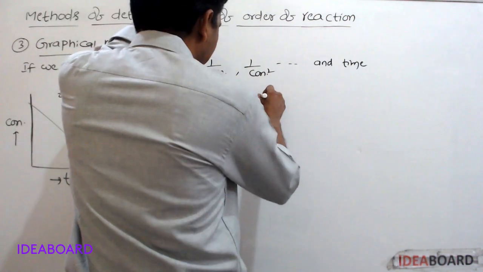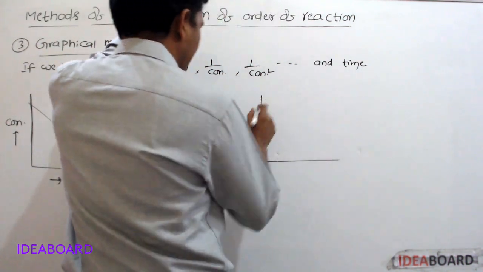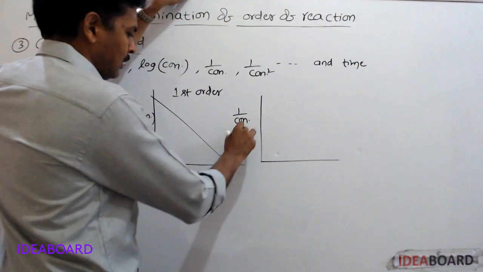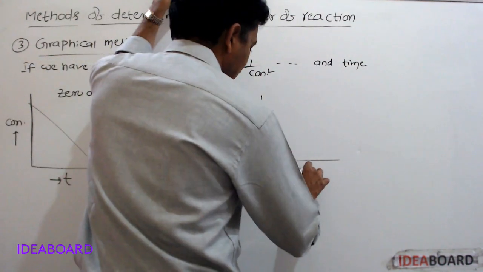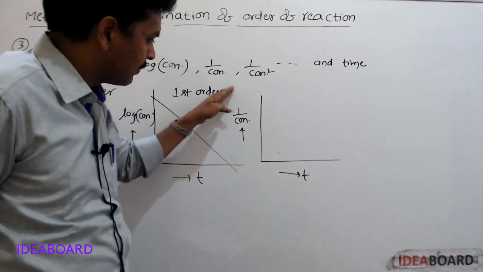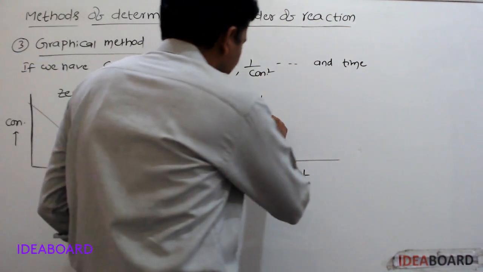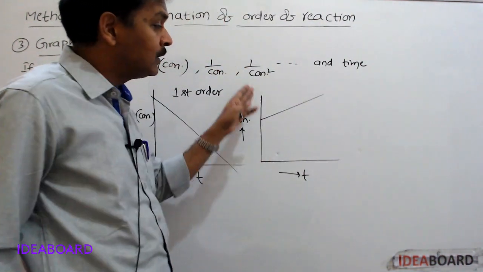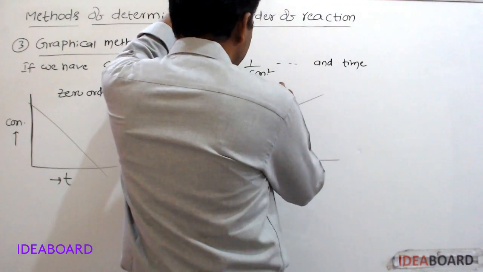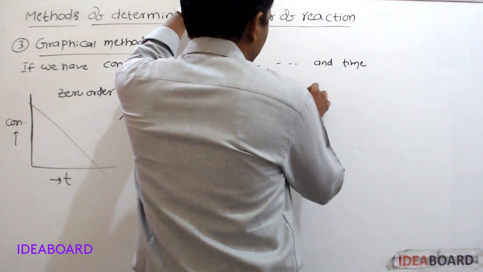If a graph is plotted between 1 by concentration and time, if we get a straight line with positive slope, it indicates a second order reaction.